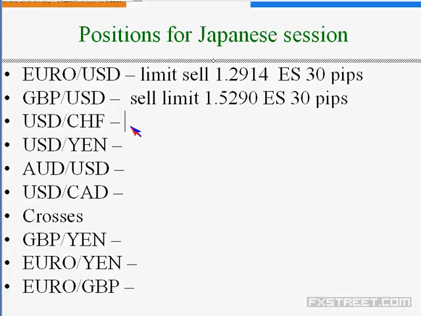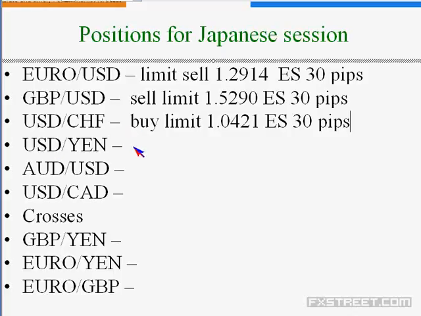So I'll keep a buy limit order near the low at 1.0421. 1.0418 is the low, so I'm just keeping 3 pips above, and an entry stop of 30 pips.